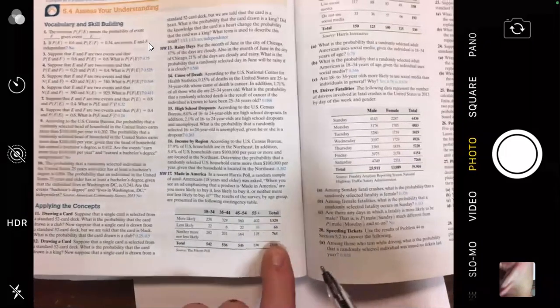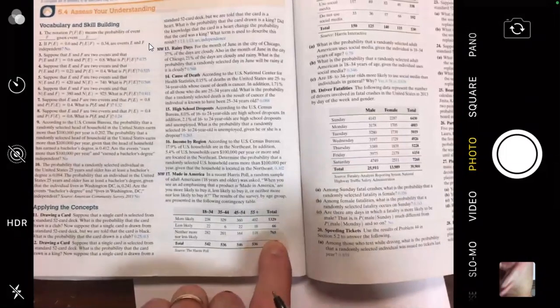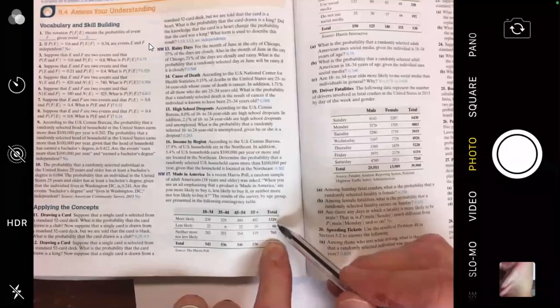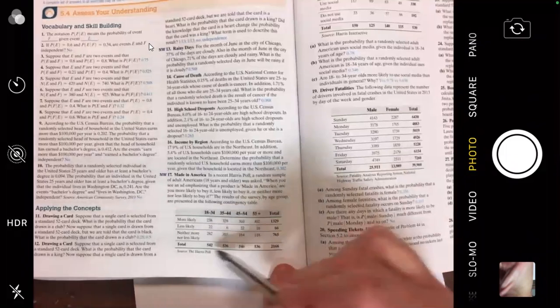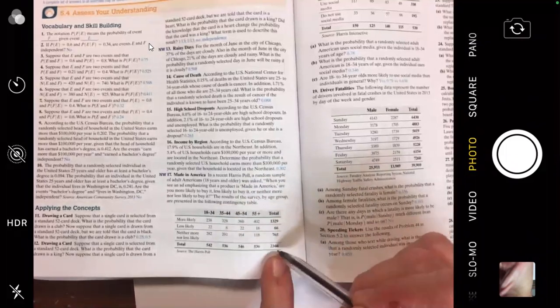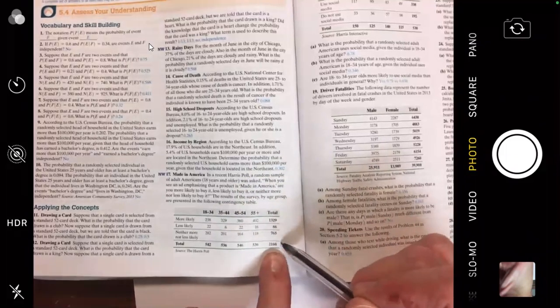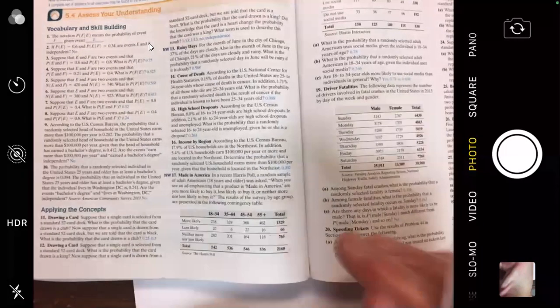Here's the rub. Let's pretend we don't know this corner number. Do you understand that if I total the totals vertically down and across, they've got to come to the same number, in this case 2160. If they don't, you're screwing up.